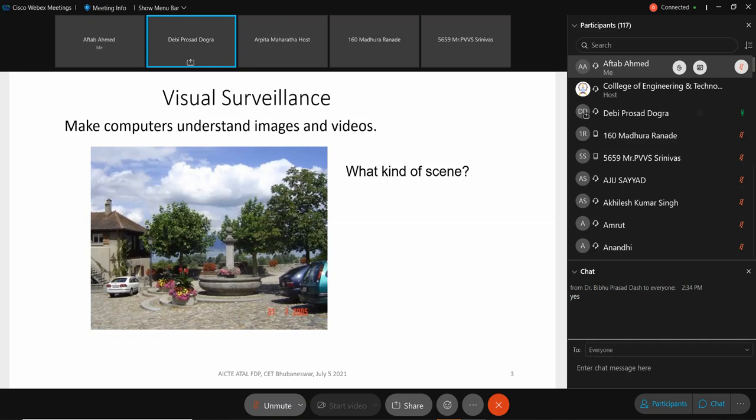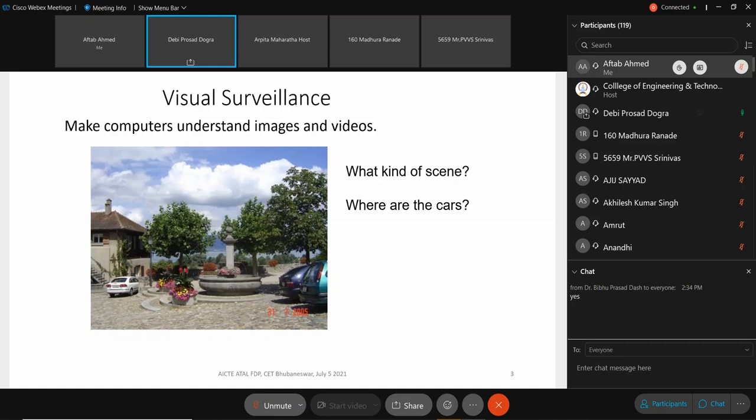Okay, so why am I saying all these things? Because it's not that easy as what we do in everyday life. So questions like what kind of scene require how many objects are there and their spatial relations. Why am I talking about spatial relations? Because these spatial relations may define the characteristics of the scene even if the objects are similar.